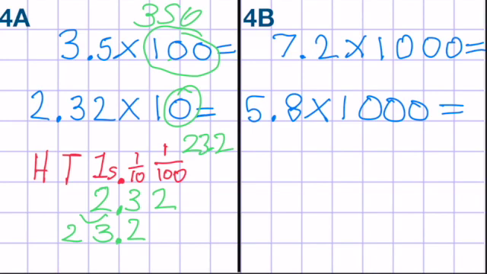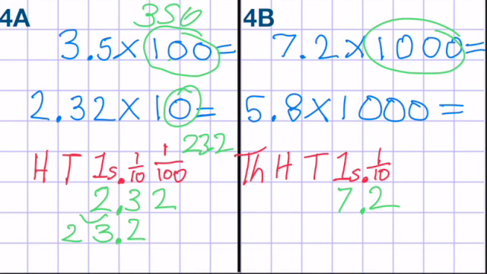Okay. Now, over on this side, we're multiplying by 1,000 for both of those. We're going to need a ones column, and we're going to need a tenths column with a decimal place. I'm going to put a tens column, a hundreds column, and a thousands column. Right, 7.2. When we multiply, obviously we're going to be moving left because we're getting bigger.